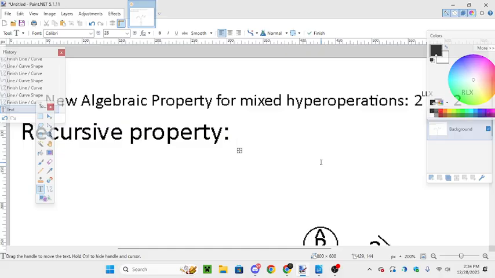The recursive property is basically like: x right tetrated to the y equals x raised to the power of x right tetrated to the y minus 1. That's all the recursive property is.